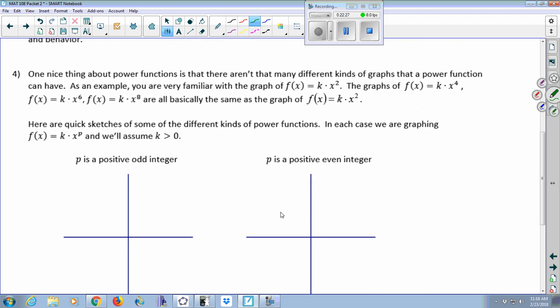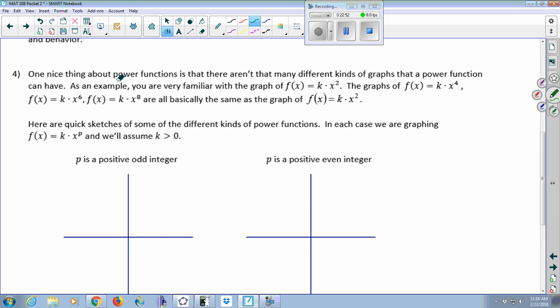So let's take a look at different power functions. This is the really nice thing about power functions. There aren't that many different types of graphs that you've got to think about. Most of these graphs you already have a good visual in your mind, because you did all that transformation work back in 107 with little mini graphs for your toolkit functions.